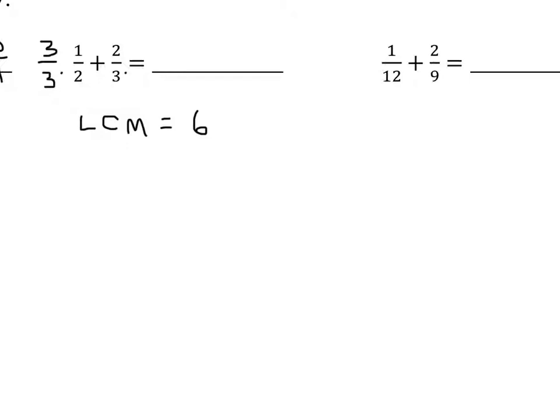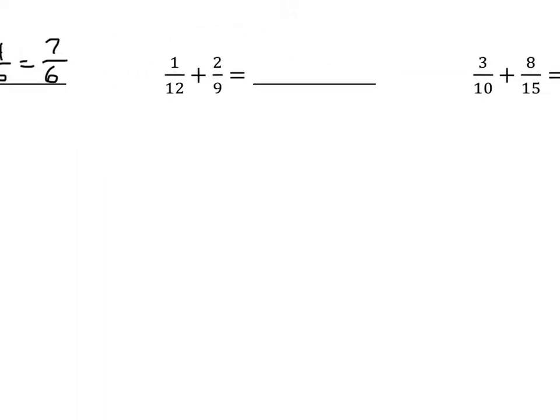In order to get 6 in this fraction, we have to multiply numerator and denominator by 2. That will give us 3/6 plus 4/6. So now we have 7/6 as our answer. You can leave that as 7/6, or if you want to, you can make it 1 and 1/6. Either way, doesn't matter.